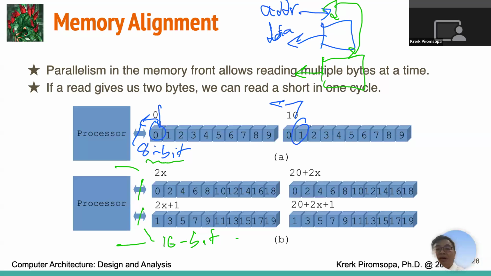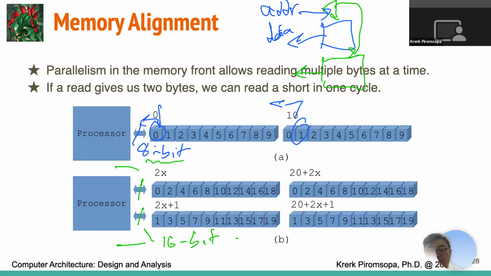Nowadays we've got 64-bit processors, which means I put one address in and I get 8 bytes. That's why modern processors are faster, because one read means several bytes. In the past, one read was just 1 byte. Got my point?